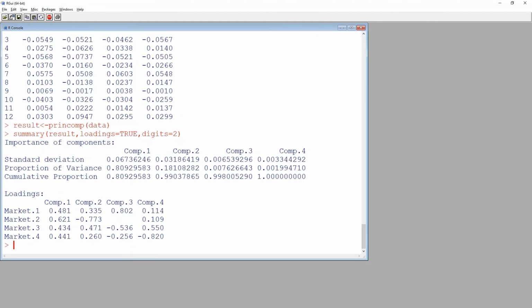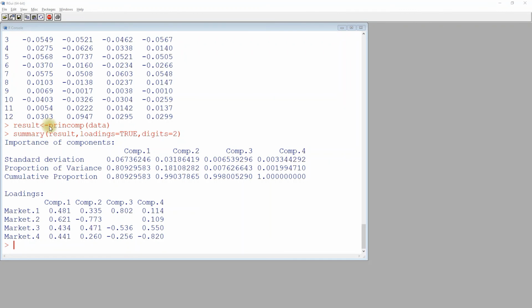But nevertheless, you need to understand that positive loadings indicate that a variable and a principal component are positively correlated. If you got a positive loading, it means that the variable here and the principal component here are positively correlated. But as I said to you, that will depend basically on what package you're using.